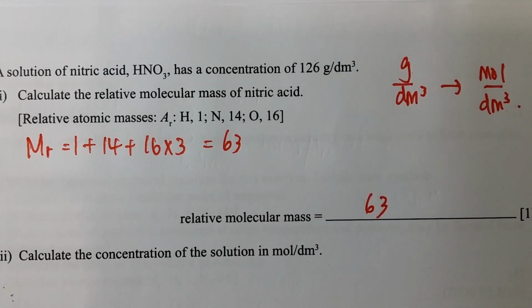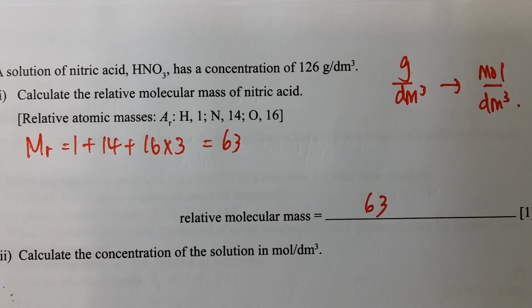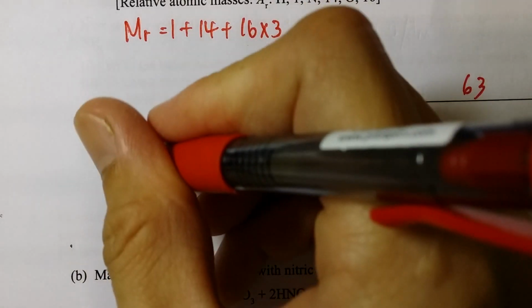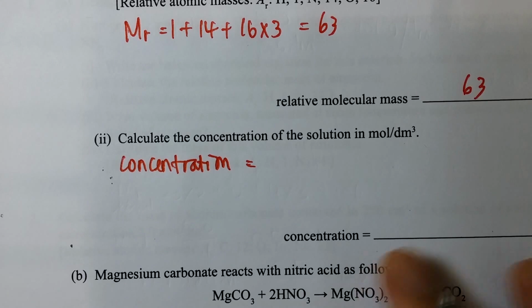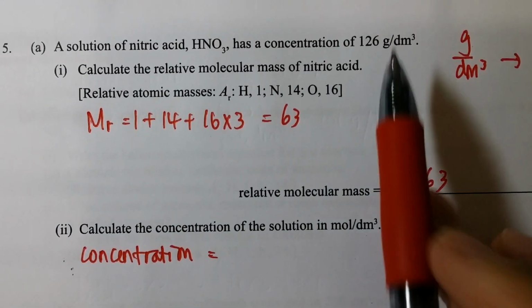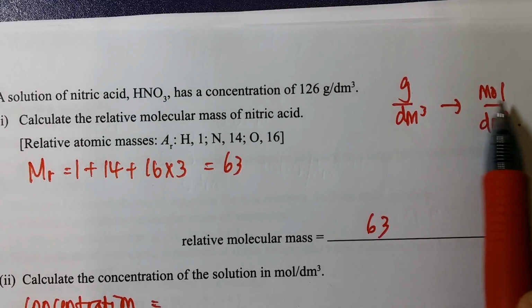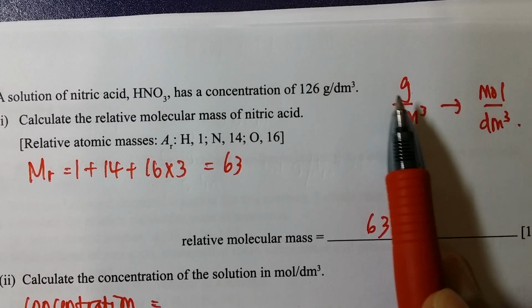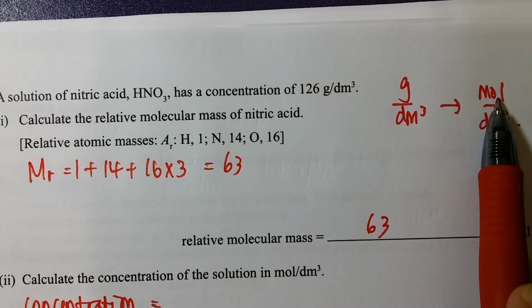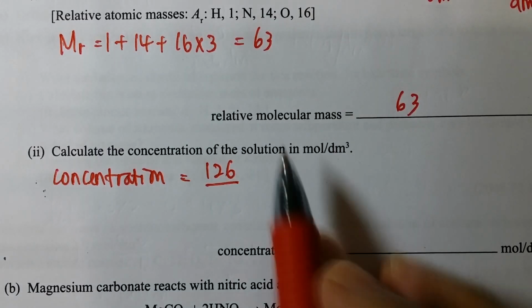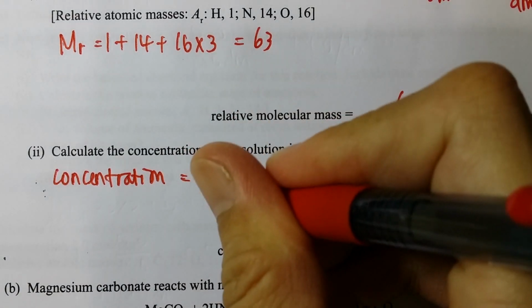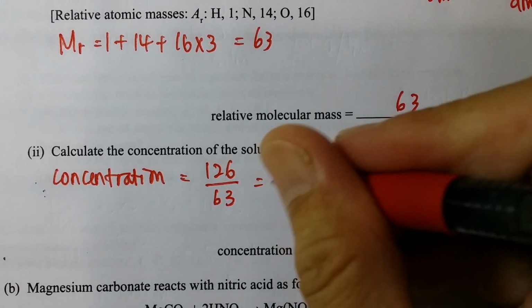How do you change from gram to mole? So mole equals gram divided by Mr. Mass divided by Mr. Changing from here to here is the same thing as changing from mass to mole, which is mass divided by the Mr. So in this case it is 126 divided by the Mr, already calculated, 63, and that will give you 2.